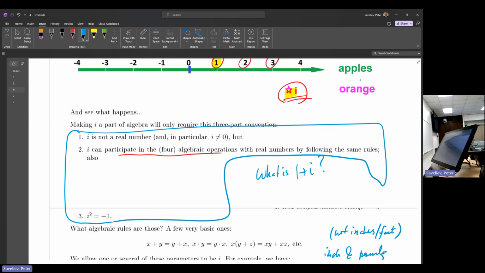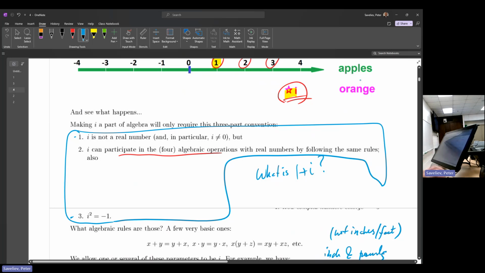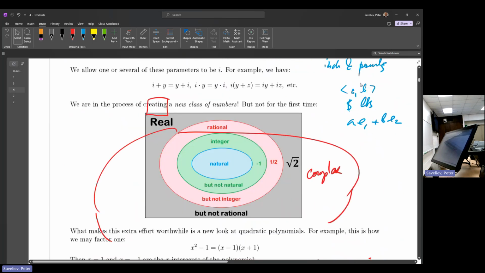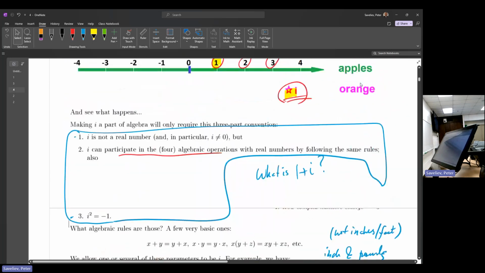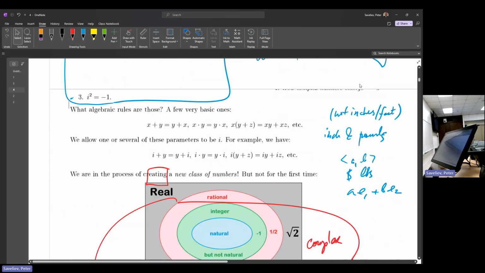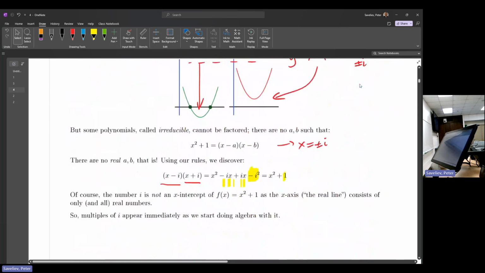It can participate in all algebraic operations with real numbers. Secondly, i squared is equal to -1. Certainly 1 and 2, but 1 and 3 are interrelated. Incidentally, since i is not 0, you can divide by i. So these are the operations that we've had.